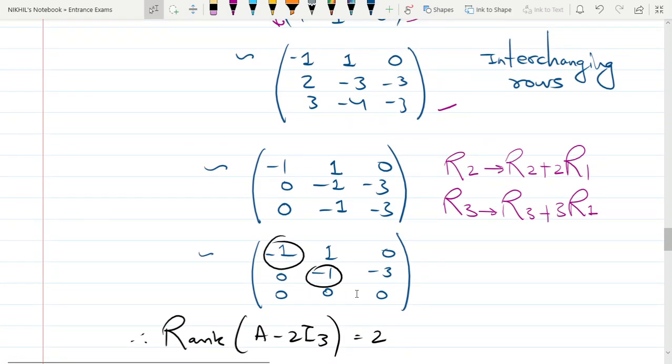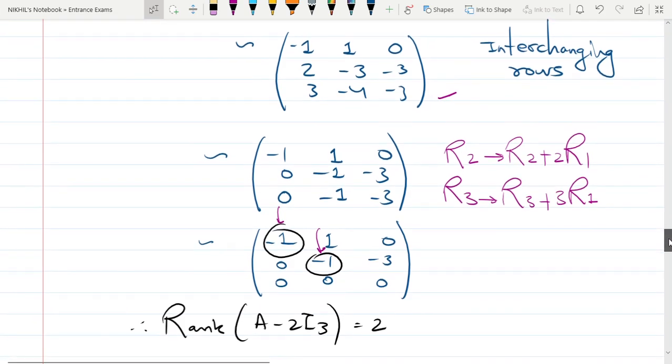From here it's pretty clear that this is now an upper triangular matrix, and the first two diagonal elements are my pivots, which I have marked by a circle. So the rank of this matrix is 2.